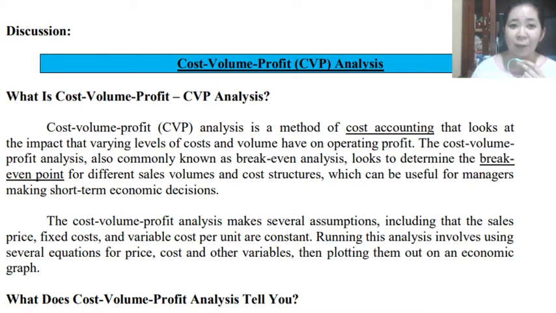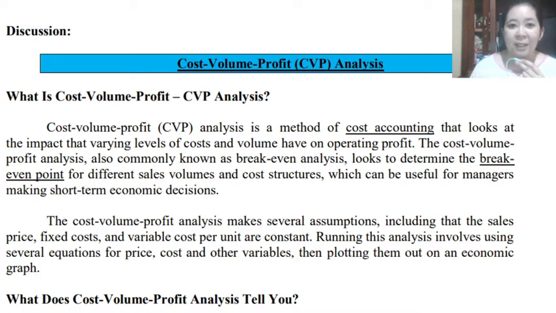The cost volume profit analysis will use several assumptions here. These may include the sales price, the fixed costs, and the variable cost per unit. Of course, these are constant. Variable cost per unit is constant, as what you have learned in our classification of cost, but when it comes to its total, it varies.